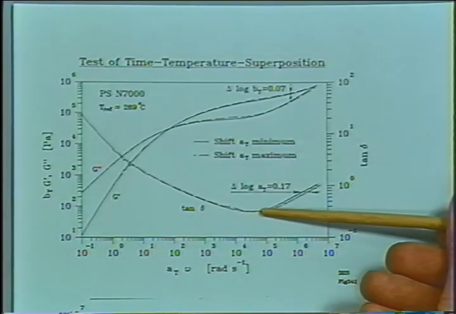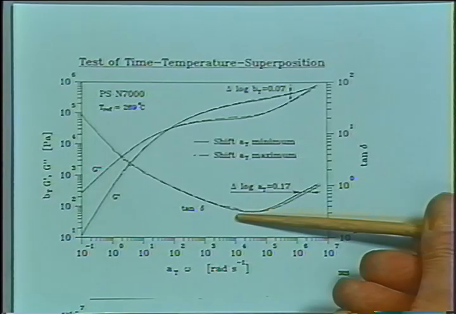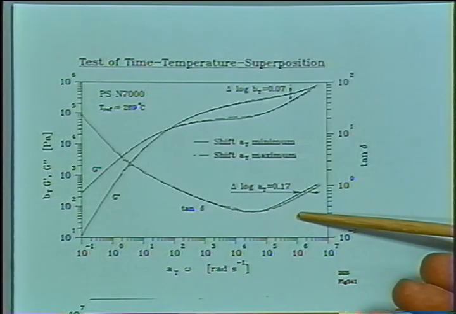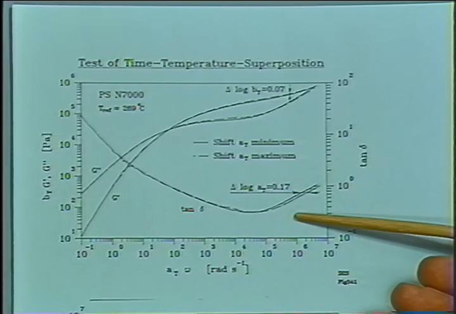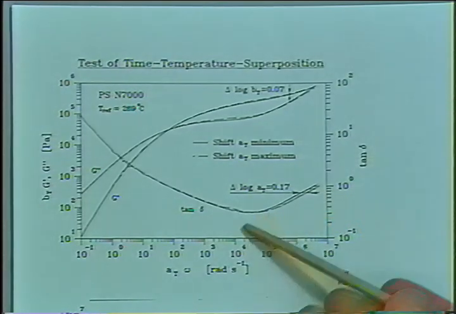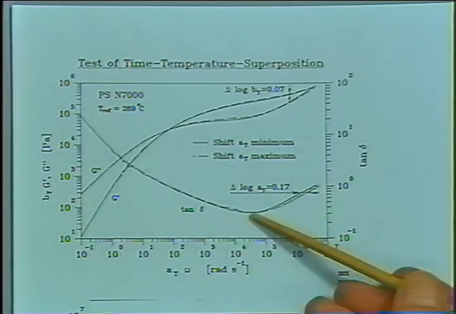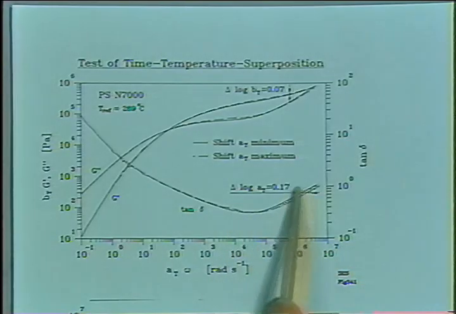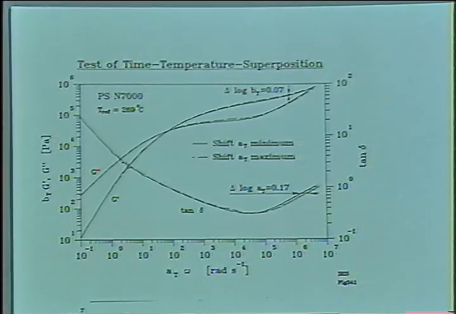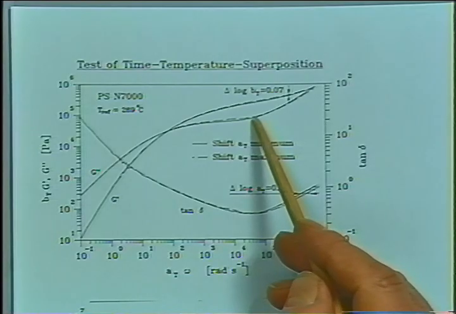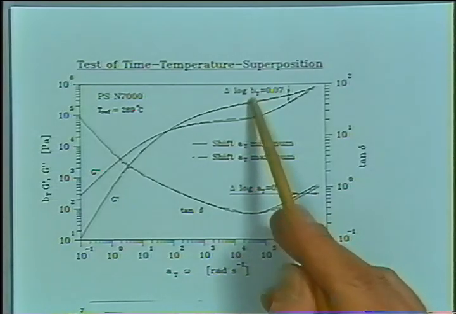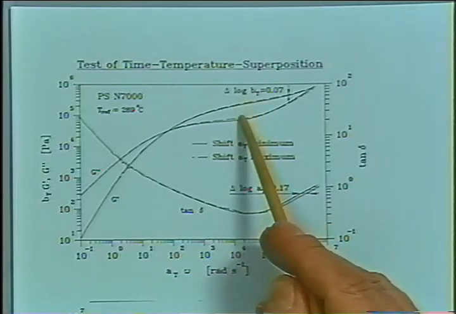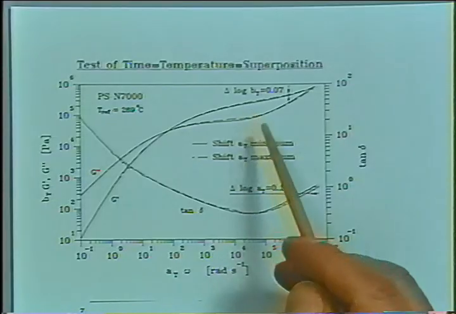You know, it's really up to you whether you want to shift it a little bit to the left or a little bit to the right. And here we just went through the exercise and shifted as much as possible to the left and as much as possible to the right to see what's the slack in our data. And also we would like to see how this affects the master curve in G prime, G double prime. So we're getting different master curves in G prime, G double prime.